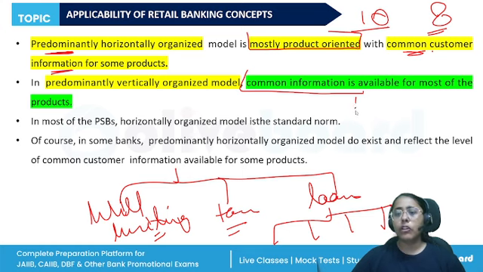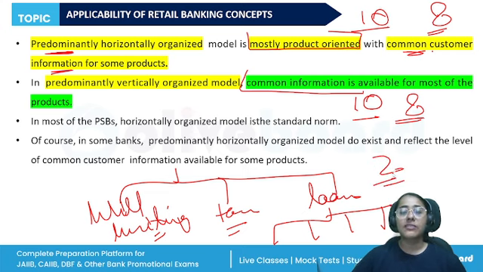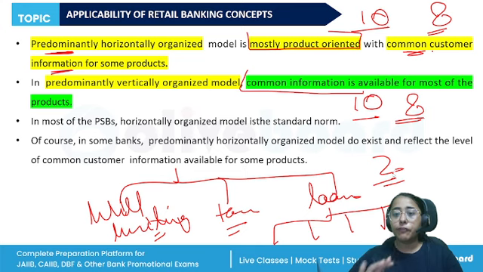For example, out of 10 products, for 8, common information is there and only 2 separate process models are followed. All right. So these are the 4 models which are used, and every time you will find question in the examination from this topic. Now we talk about which type of model is adopted by the banks.